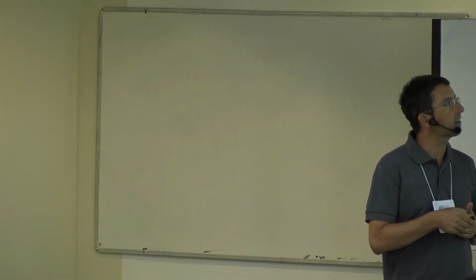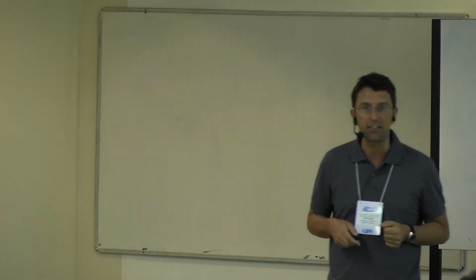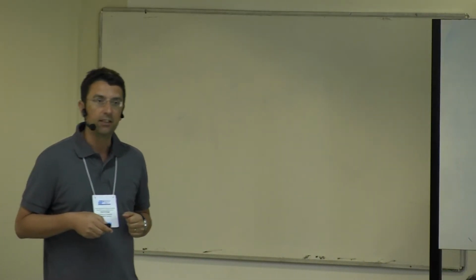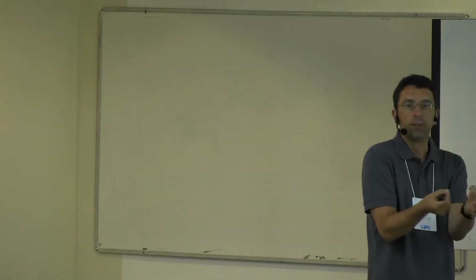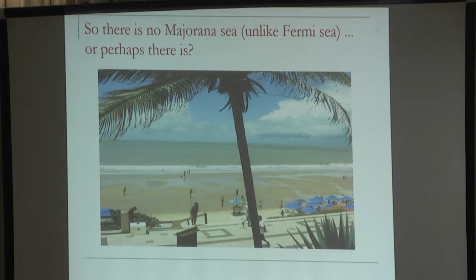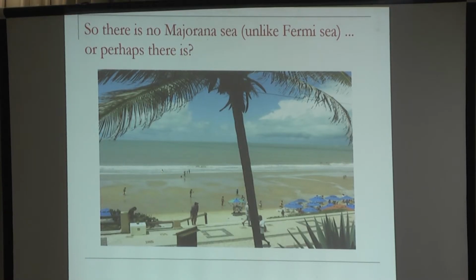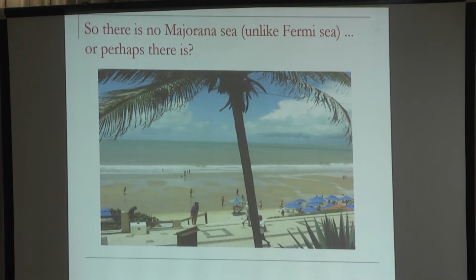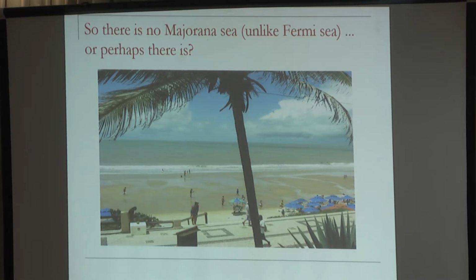So yesterday I asked the question, is there a Majorana sea or not? And maybe you have an answer to that. So we know in principle we could pair them to build fermions, and then we might expect a Fermi sea. And that's also true if the Majoranas come close together. But if they're all very far from each other, you have a degenerate manifold of zero modes.